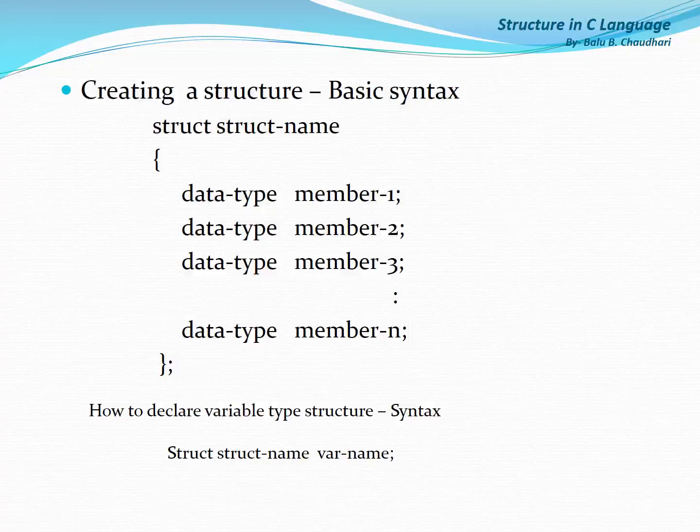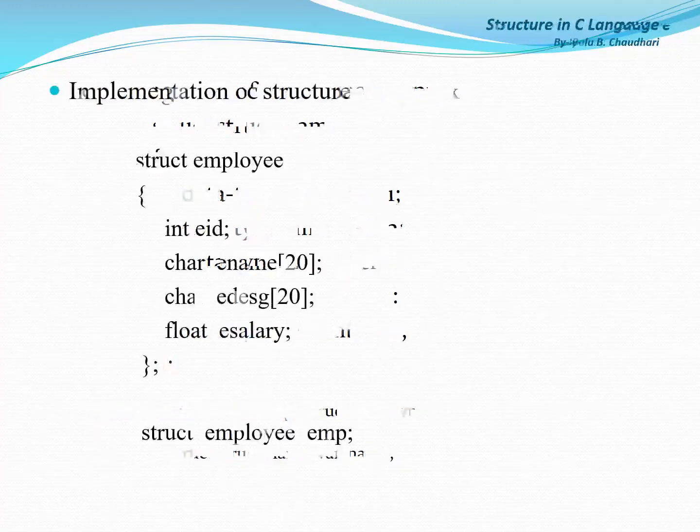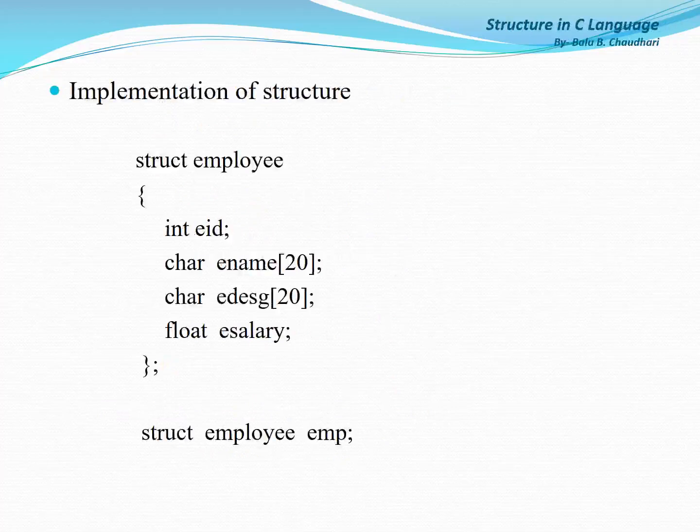Once we have declared the structure, it is possible to use the struct name as a data type like int, char, float, etc. In the last line, it is shown how to declare variables of the structure type. The syntax is struct name and variable name.